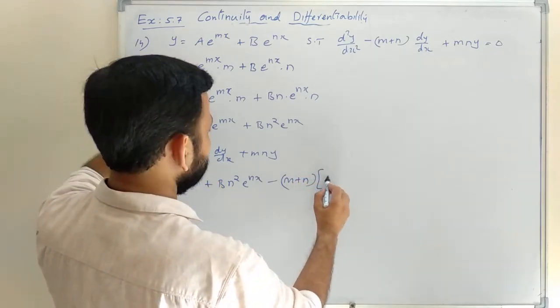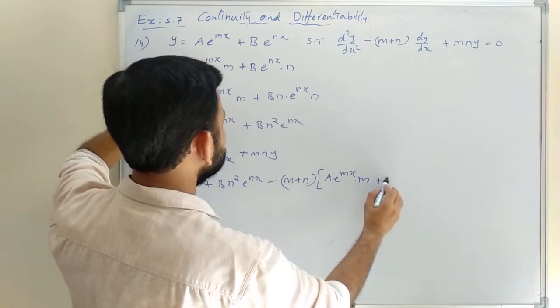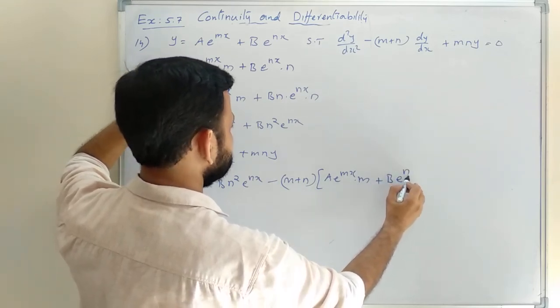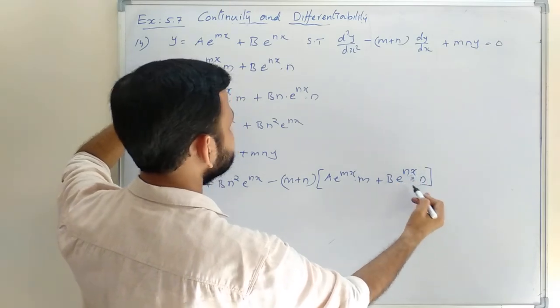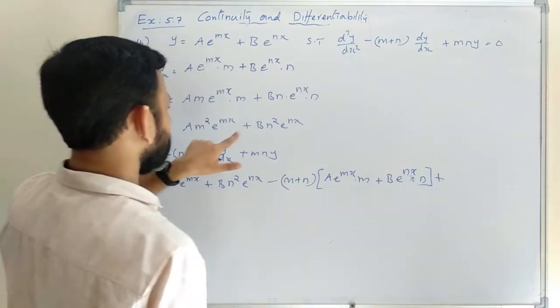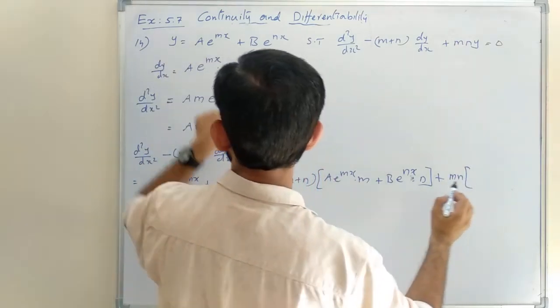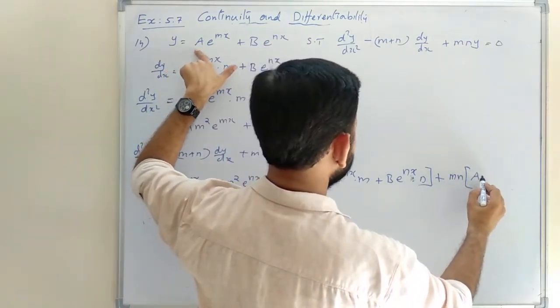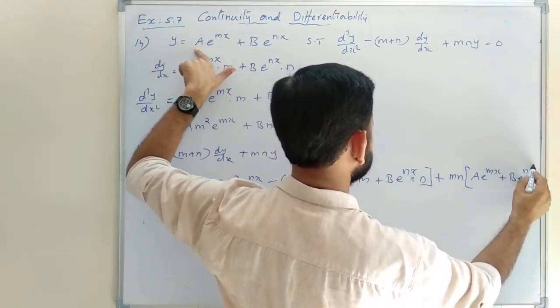Write that expression: a into e raised to mx into m plus b into e raised to nx into n, plus m n into y. That is a into e raised to mx plus b into e raised to nx.